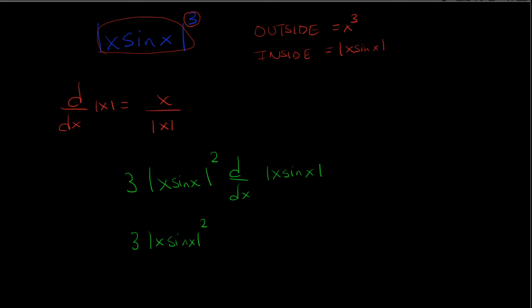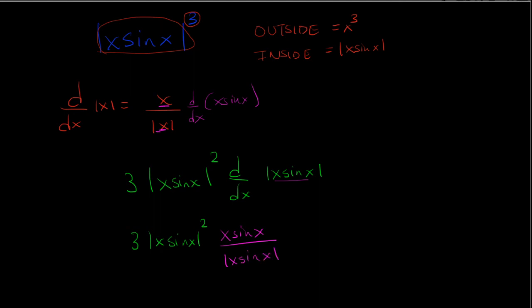I'm going to replace x with x sine of x here, and then take the derivative of x sine of x. So first step, we replace x with x sine of x. Okay.